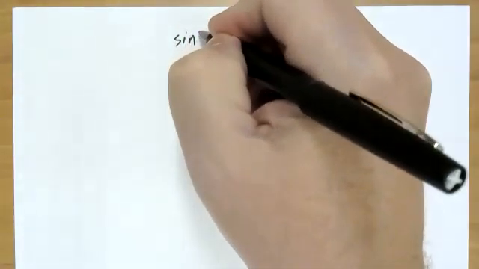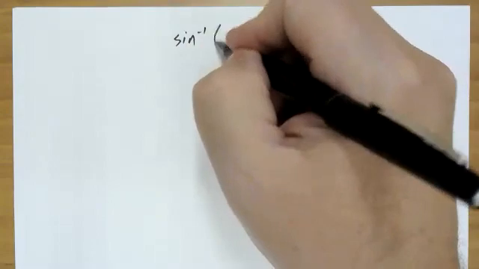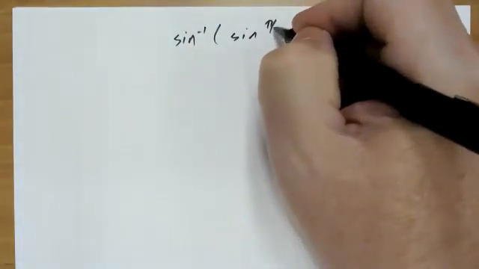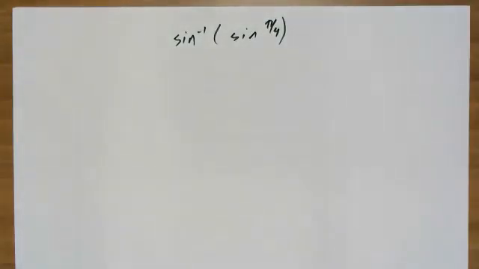So let's once again start out with a problem with a special angle and see what is happening. How about if we were asked to solve the inverse sine of the sine of pi over 4.